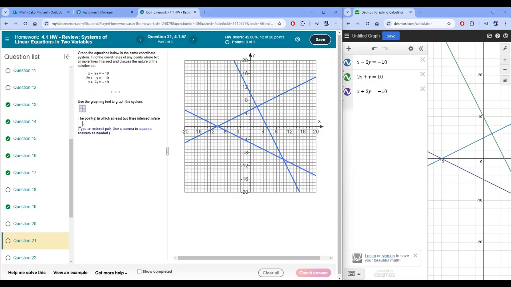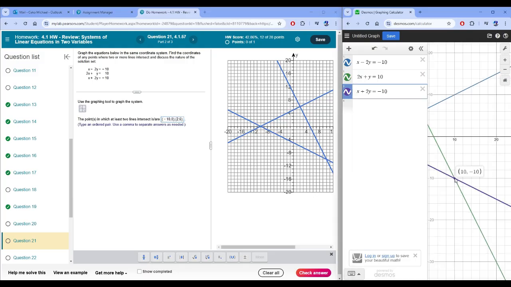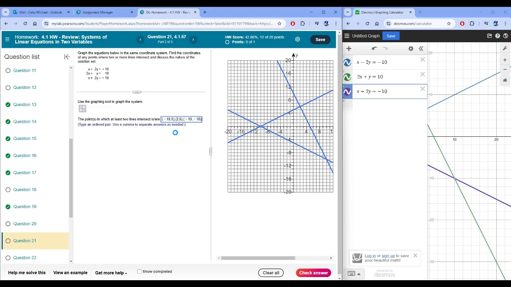The points in which at least two lines intersect are, so here we have three answers, right? We have (-10, 0), (2, 6), and what was my last one?